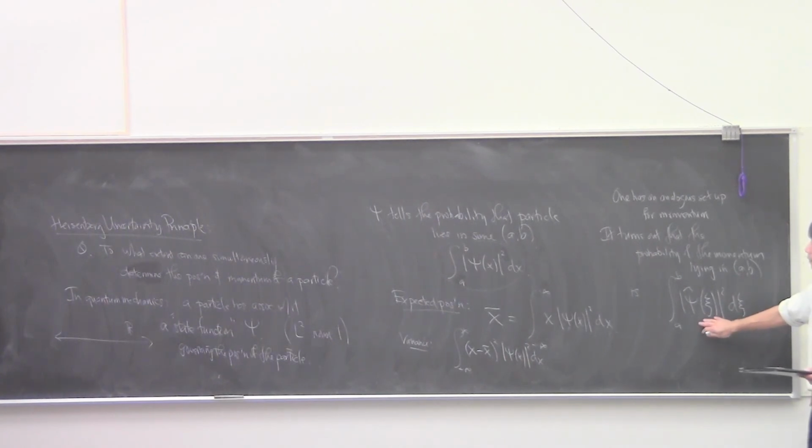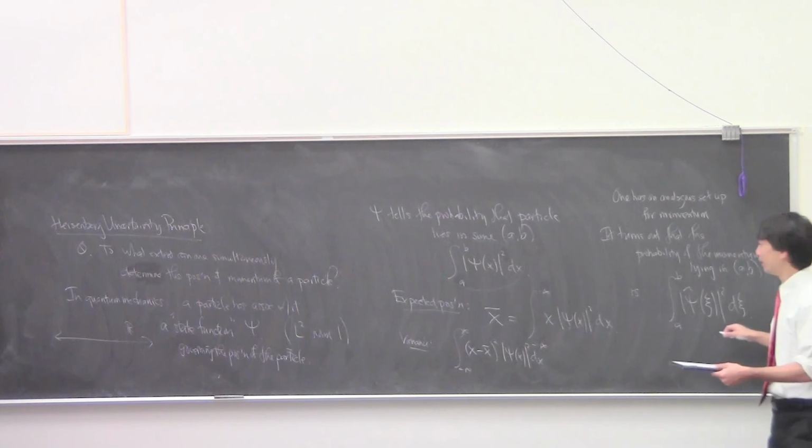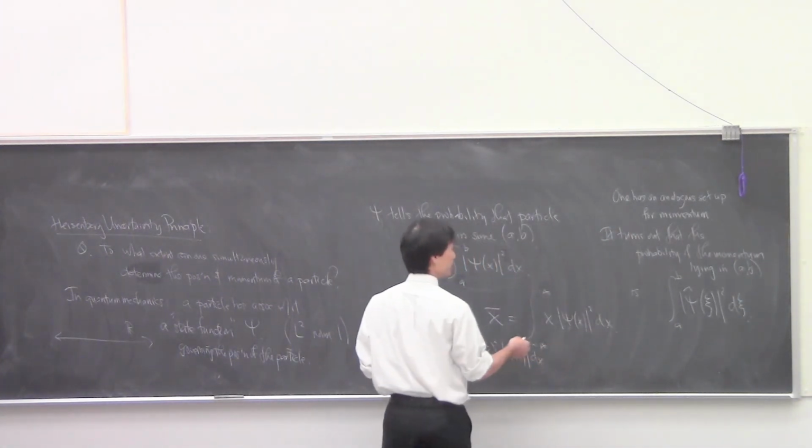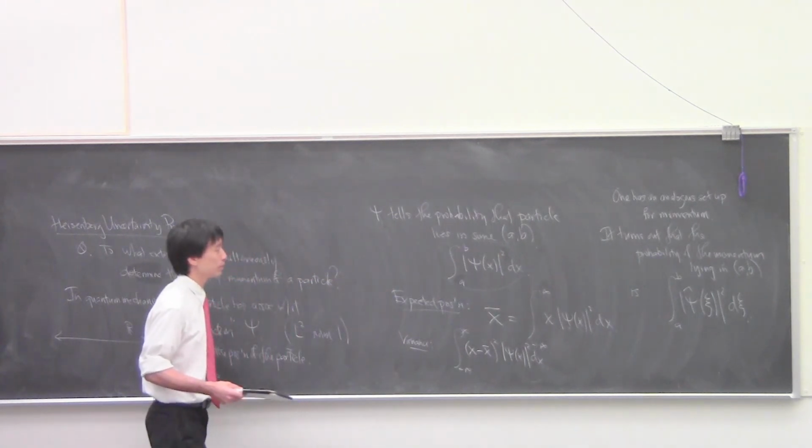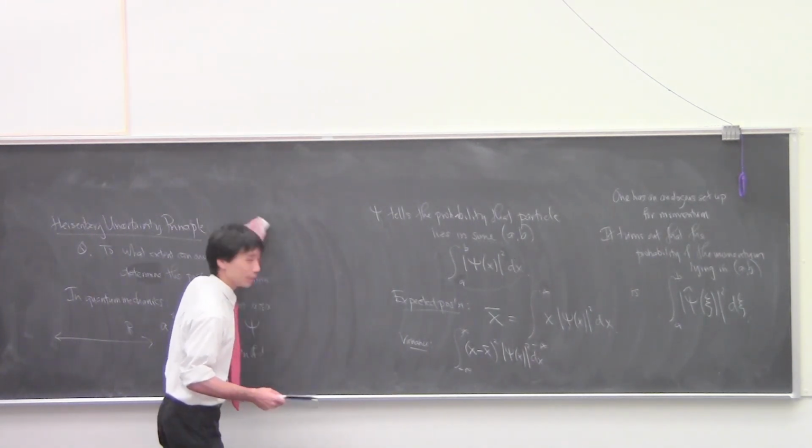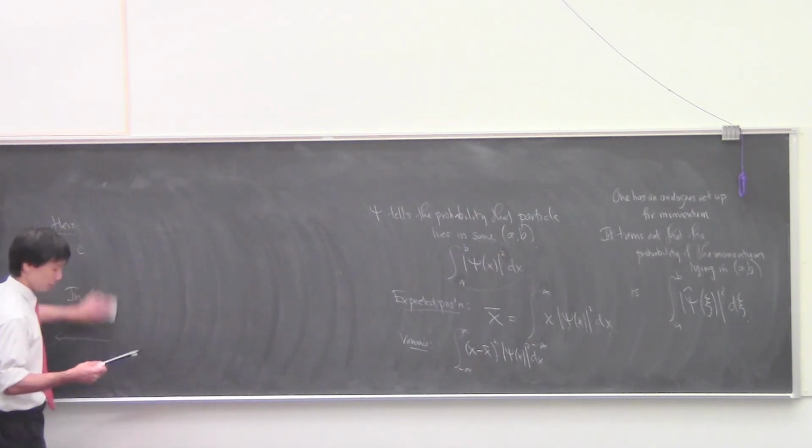The state function governing the momentum is the Fourier transform of the state function governing the position. And like I said, I have no idea why this is true, but for some reason in physics, maybe somebody can tell us, the state function governing the momentum is the Fourier transform of the state function governing the position. I don't know what that is. I should ask physicists to explain.